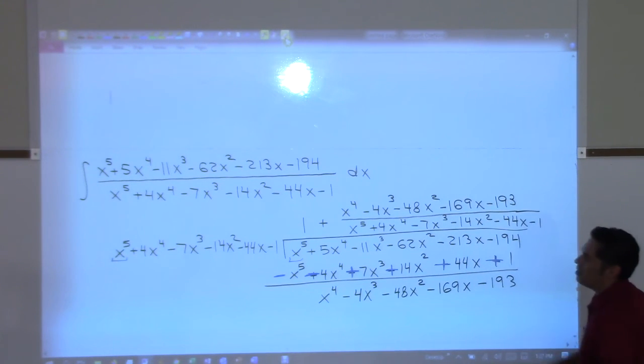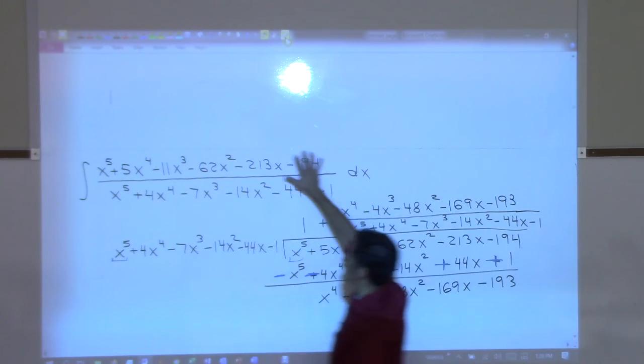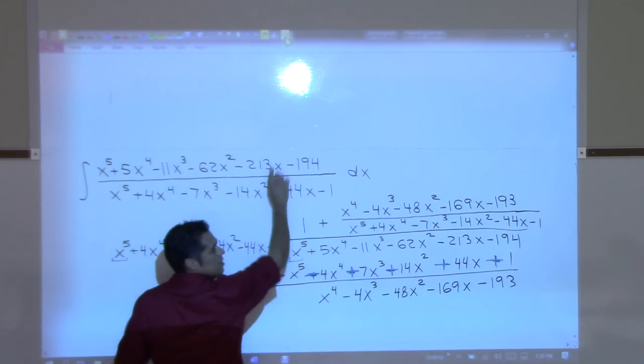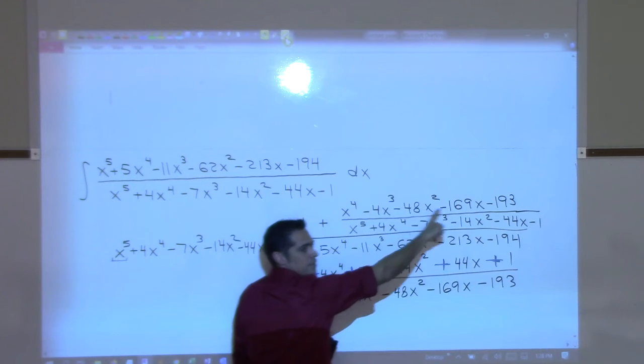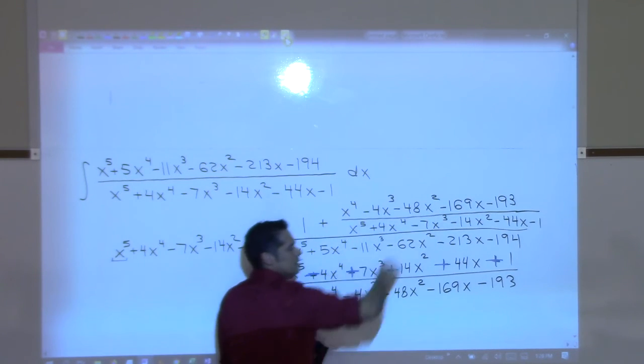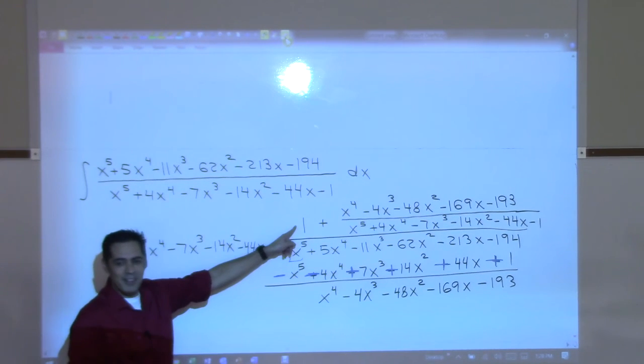So the original integral turns into that. And we can integrate 1 easily, right?